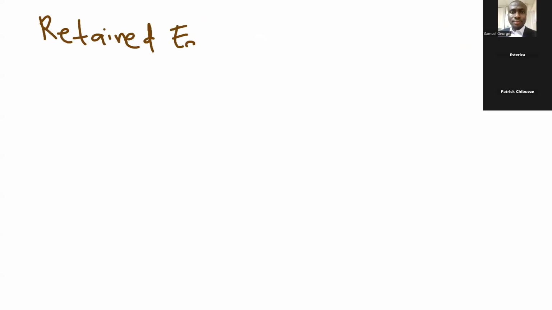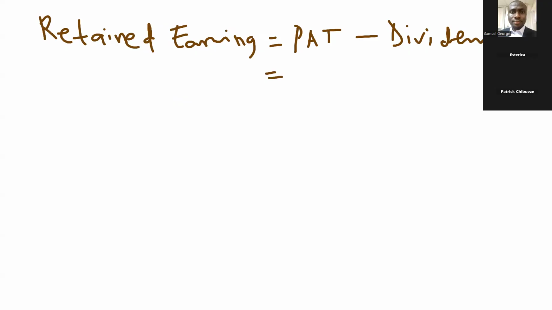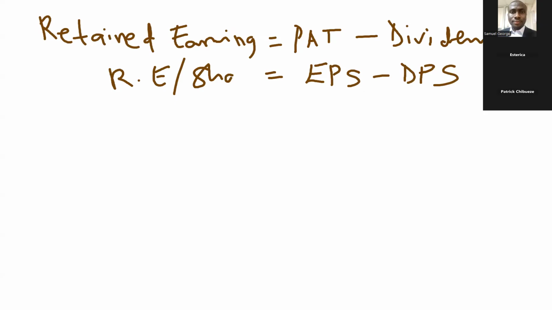Retained earnings is equal to profit after tax minus dividend, or earnings after tax minus dividend. Can I also say it is EPS minus DPS? This is retained earnings per share, right?